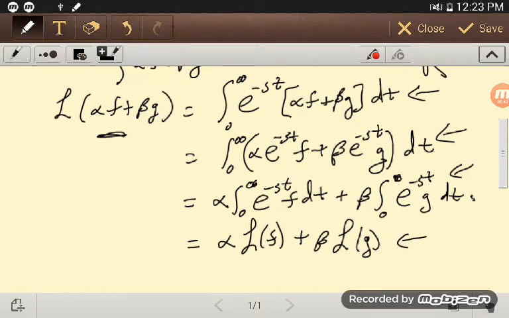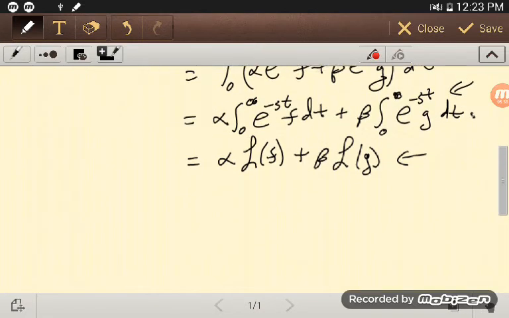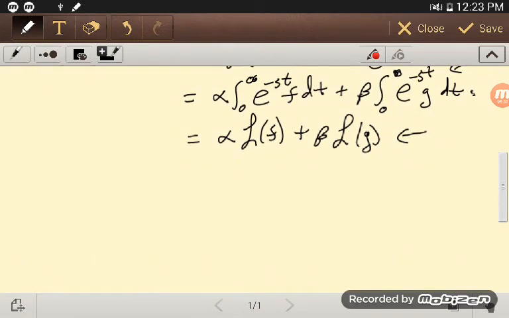So the proofs don't have to be too scary. That's one very nice property, and we'll definitely be using it.